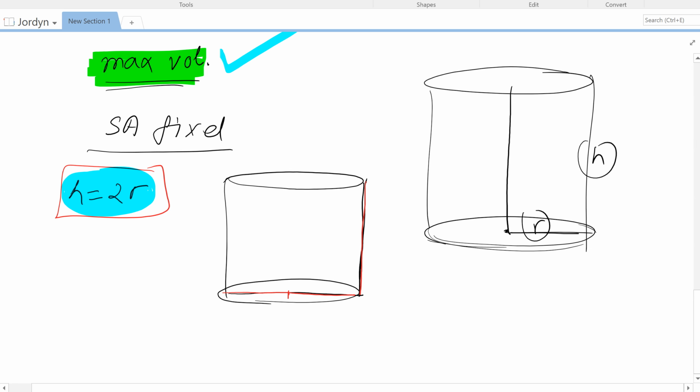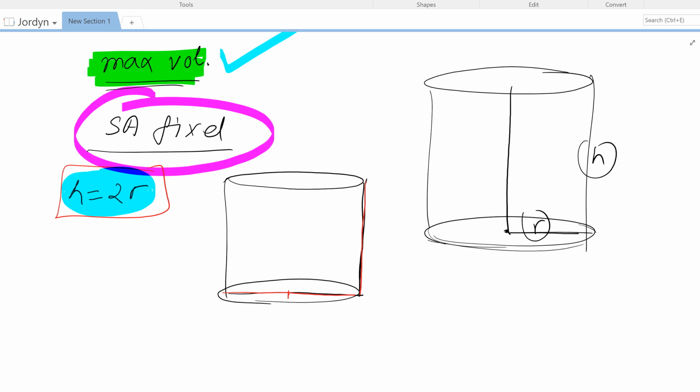And this is going to be fixed. That is fixed. Okay. Good. Now, next thing is they're going to give you a certain volume that's going to be fixed.